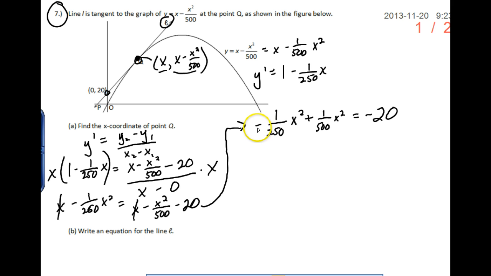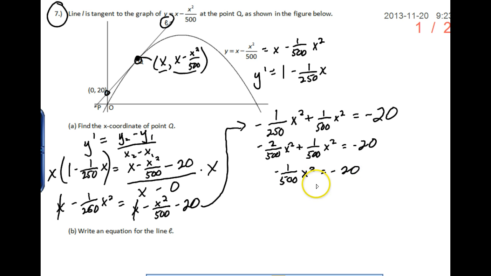So now, negative 1/250th plus 1 over 500. Well, 1 over 250 is really 2 over 500. So negative 2 over 500 x squared plus 1 over 500 x squared equals negative 20. So I get negative 1 over 500 x squared equals negative 20.